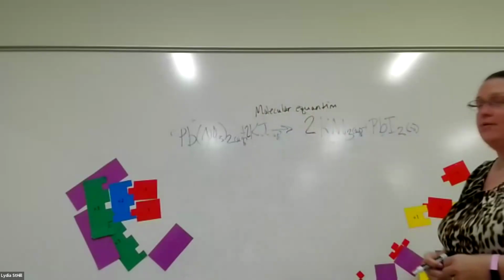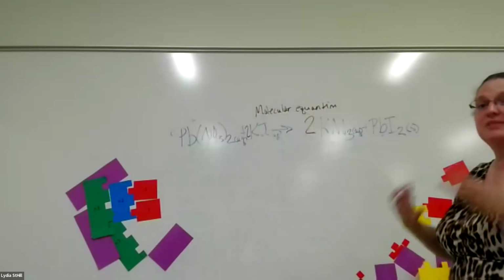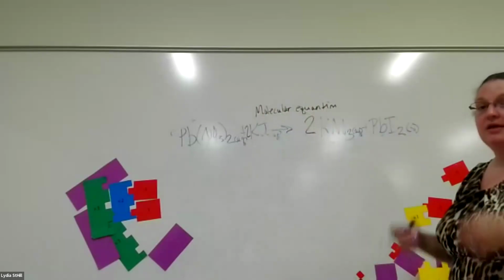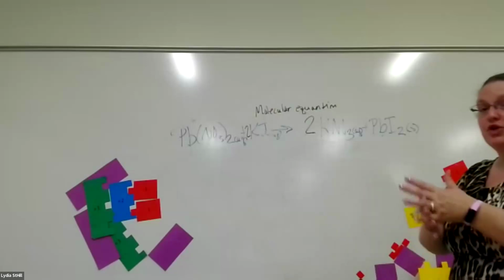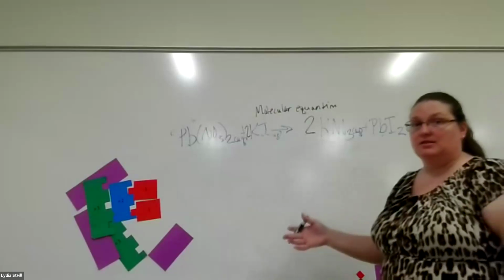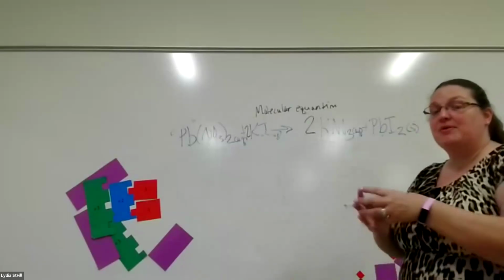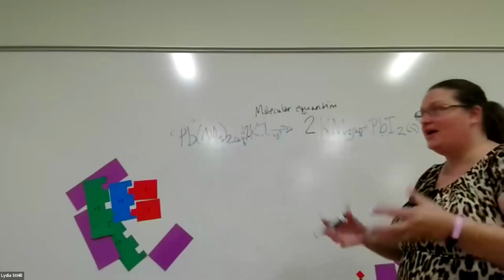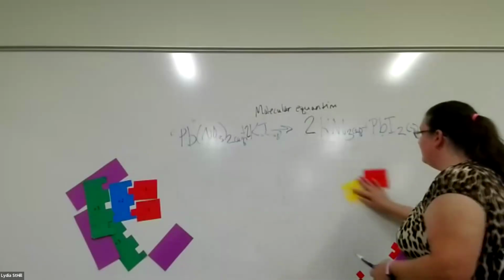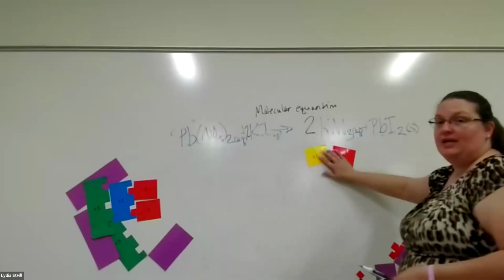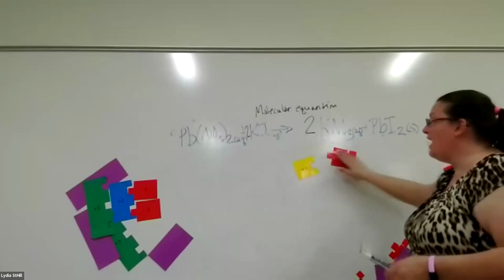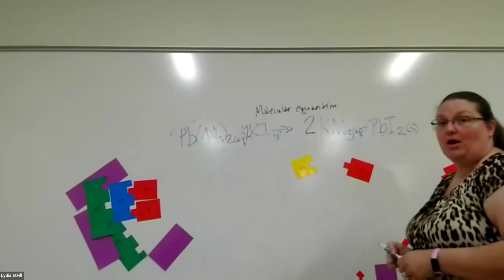The next one that we're going to look at is known as the complete ionic equation. Complete means that I'm going to include all of the ions. Anything that's aqueous, I'm going to separate into the respective ions. If you go back to when we were looking at KNO3, when they are in solution, they break apart.